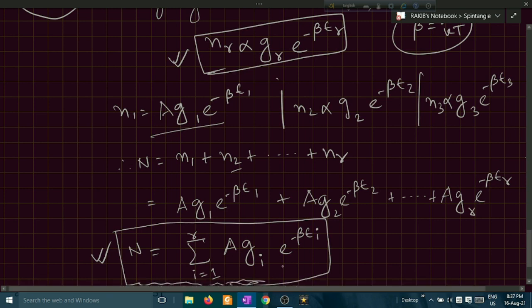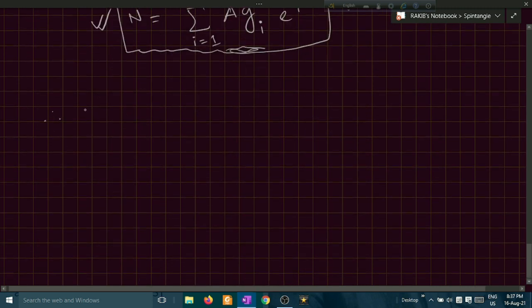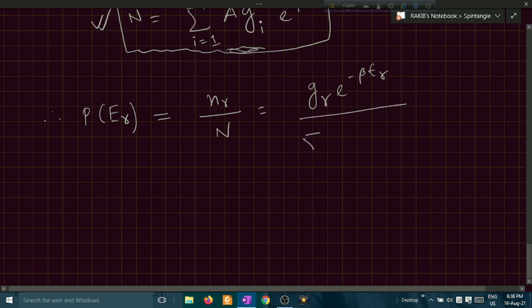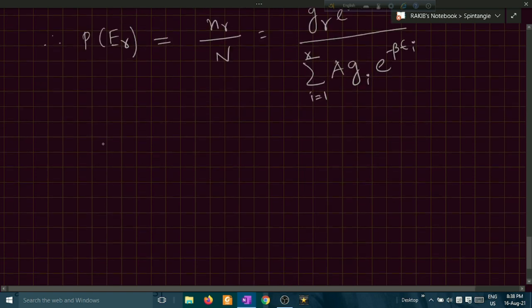Going back to the probability formula, the probability of having an energy state R in the energy level ER will be equal to NR upon N. We have our NR in our formula, that is Gr e to the power minus beta Er, upon our total N, which is the summation of A Gi e to the power minus beta Ei, where i ranges from 1 to R.